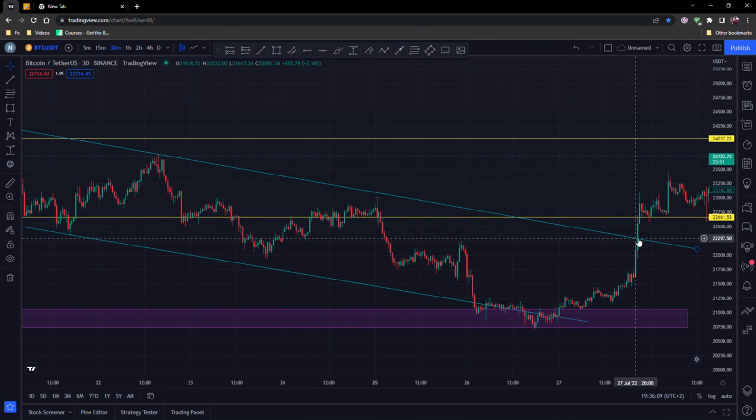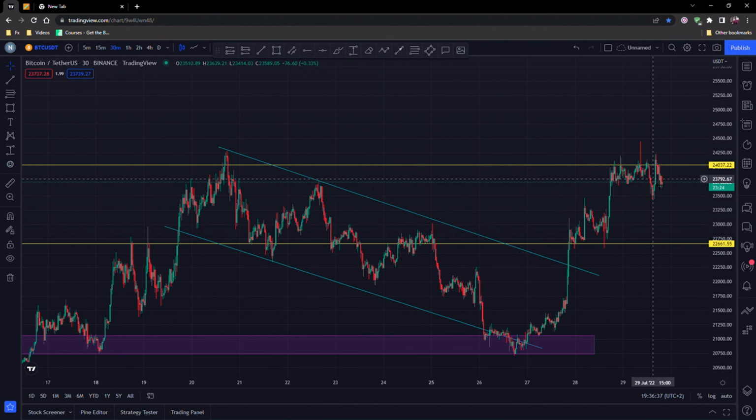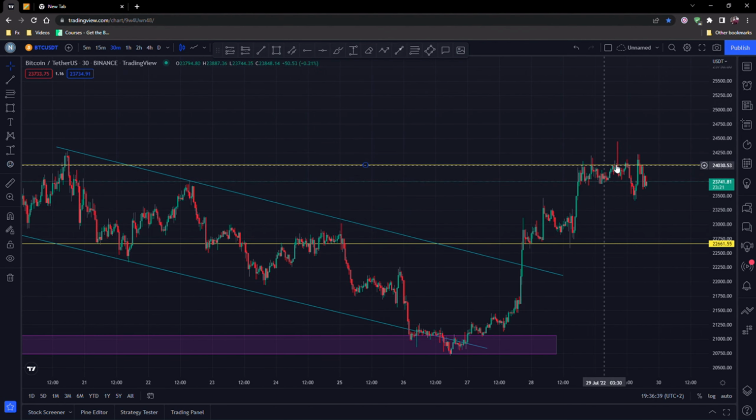This was our low, it came back, and this high was also acting as a support area. It was a resistance before, but now it was acting as support, and you can see it bounce. And now we are currently at our high, in our resistance area.